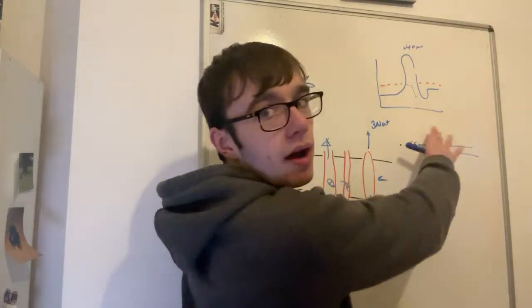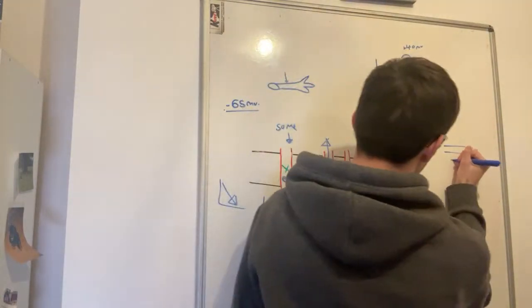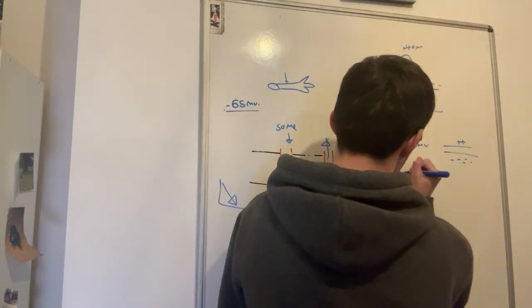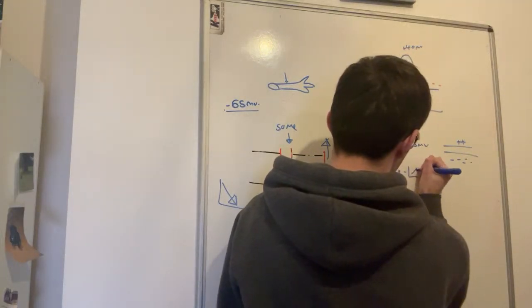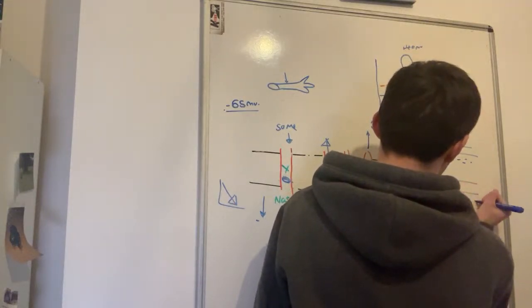imagine this is the outside of a cell, this is the inside. The inside is going to be negative, this is going to be positive. Then here, it's going to be changing, it's going to be going up. So obviously then, there's going to be a couple, like that.